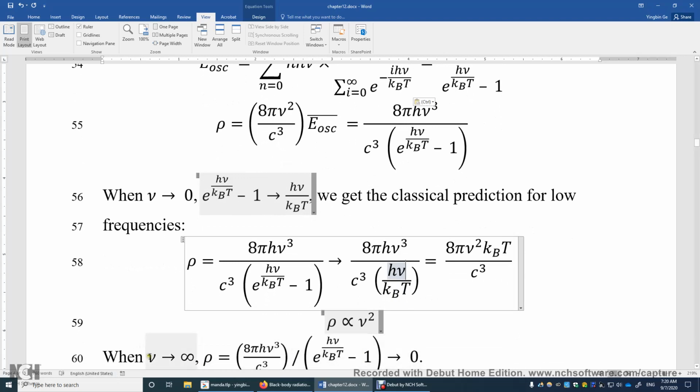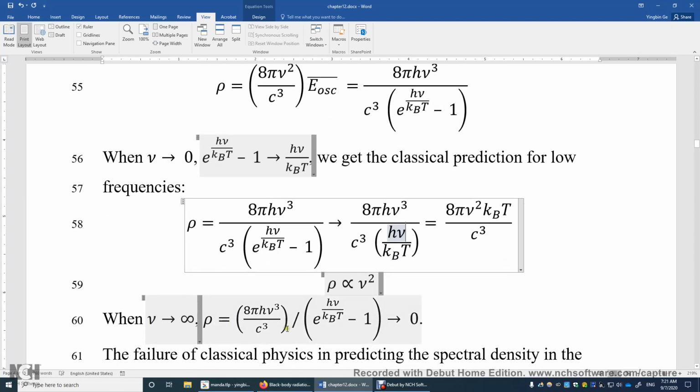What if the frequency is very high? What if nu is approaching infinity? In that case, you have this nu cubed approaching infinity. You have this exponential function approaching infinity. However, this is exponential. So this term approaches infinity much faster than nu to the power of 3.